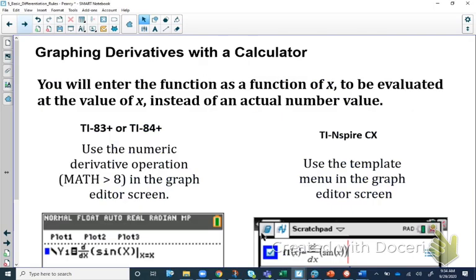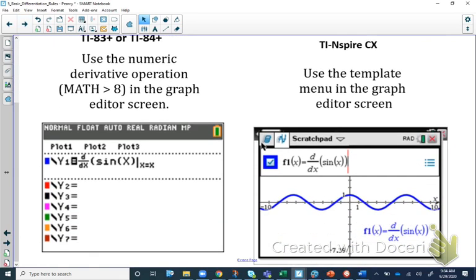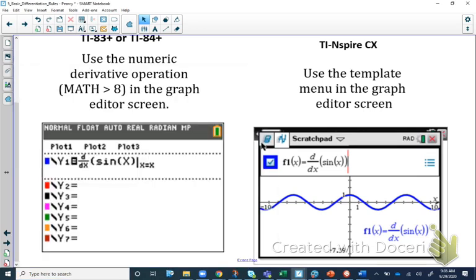But we'll definitely be practicing a lot more curve sketching in the future, so don't worry too much about it right now. Here, they're taking a look at it on a calculator. On the left side, you can see they're typing in the derivative of sine of x, and the graph that's produced is the cosine of x function as its derivative.